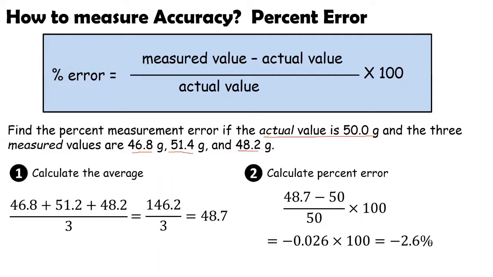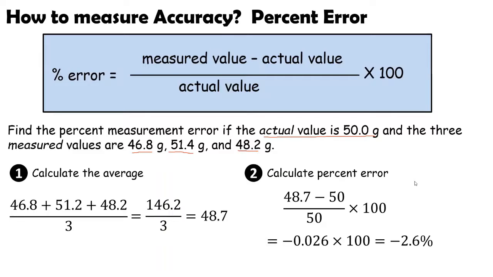Now, if we were doing a lab in physics, if we get something that's accurate to a known or standard value of 2.6%, that's pretty good accuracy for a high school physics lab. If you get something that is 30 or 40% off, then you would say, whoa, we did not make very accurate measurements here. We might even need to go back and check our measurements or redo some.